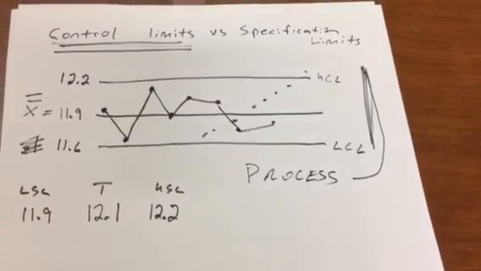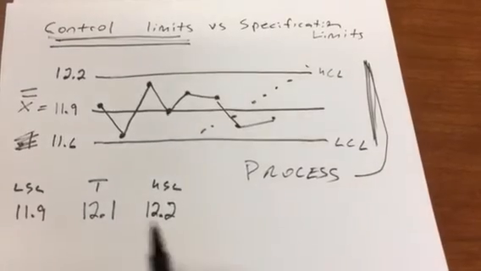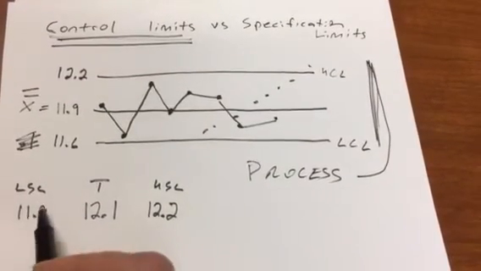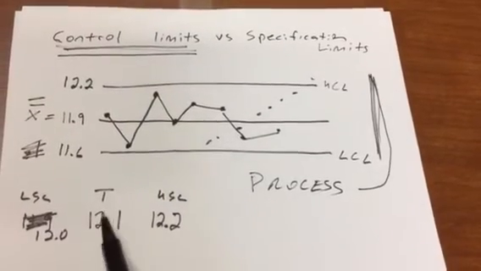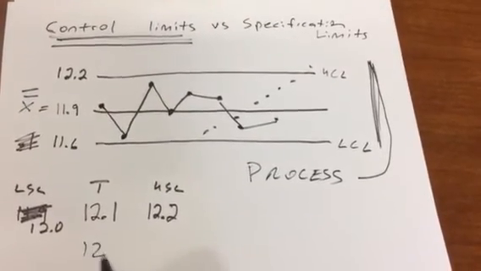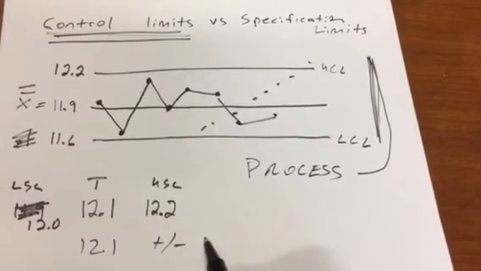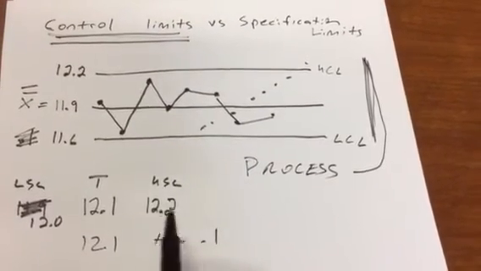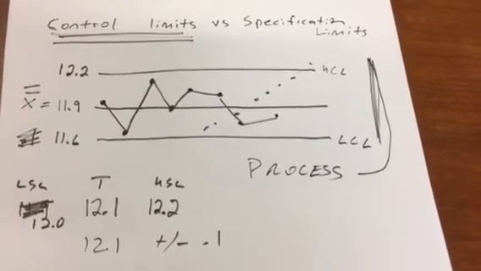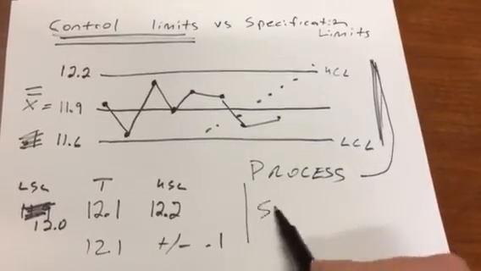I'm sorry, let's call this 12 even. So the company's saying each beer bottle has to be 12.1 ounces plus or minus 0.1 ounce, so between 12 and 12.2 ounces. These are the specifications.